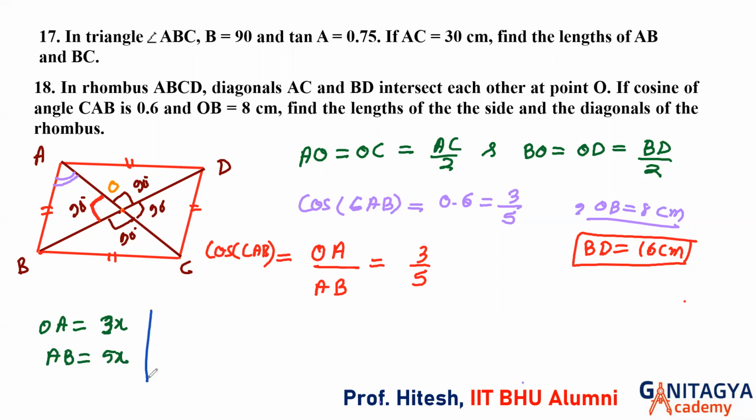So now you can say OB is equal to 8, given, right? Okay? So OB square is equal to AB square minus OA square. Pythagoras theorem, because what is AB? Hypotenuse. So AB square, that is hypotenuse. Okay, done? So OB square equal to AB square minus OA square. Okay?